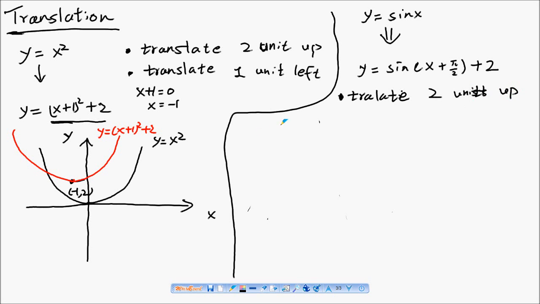The horizontal translation: make whatever is in the bracket equal to 0. x plus pi on 2 is 0, so x is minus pi on 2, and it's translated pi on 2 units left, because it's a minus number.